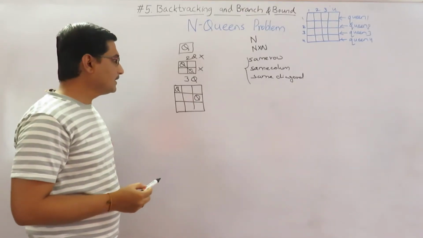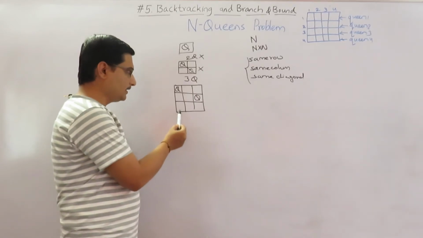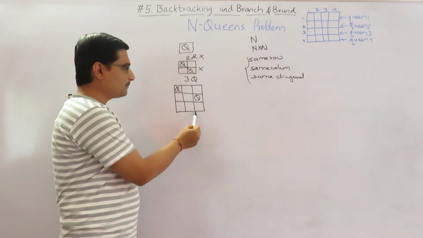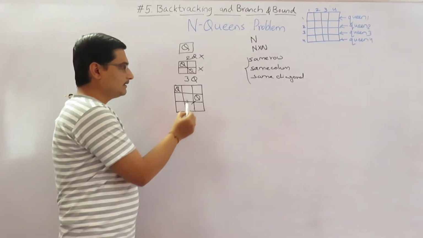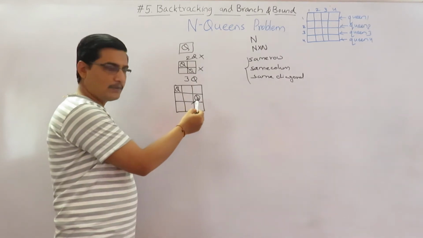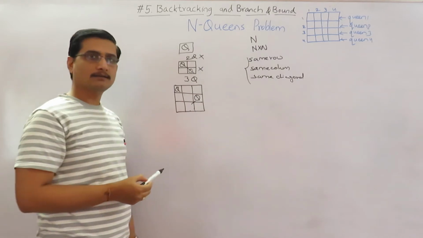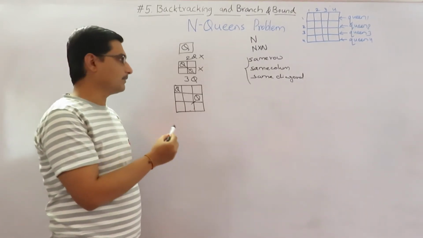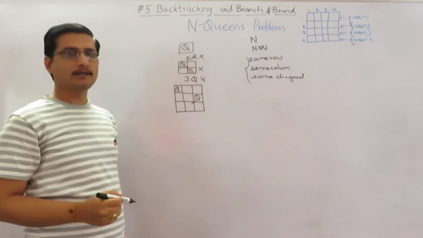Yes, possible. But for the third queen, we cannot place that queen in the first column because the first queen is already there in the same column. We cannot place in the second column because it is diagonally the same as the second queen. We cannot place that queen in the third column as well because the second queen is already there in the third column. So the 3 queens problem also does not have a solution.